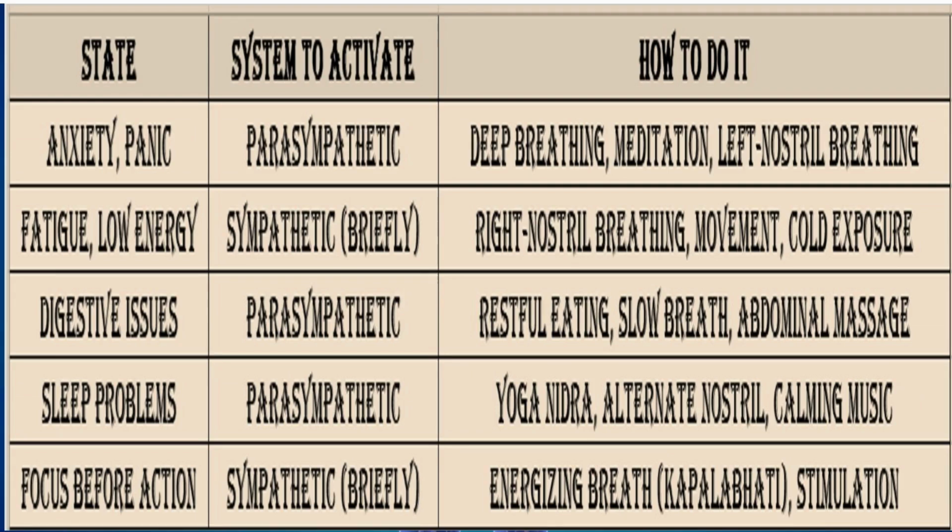As these 2 nadis spiral up the spine, they cross every chakra and converge at the Agnya chakra, this space between the eyebrows, right where the pineal and the pituitary glands reside. The pineal gland, often called the seat of the soul, regulates the sleep, intuition, and the circadian rhythm.